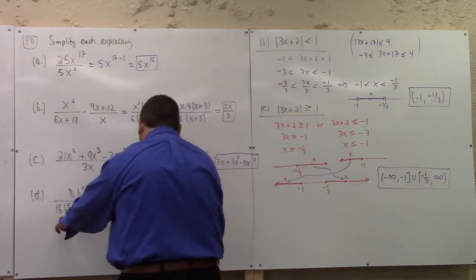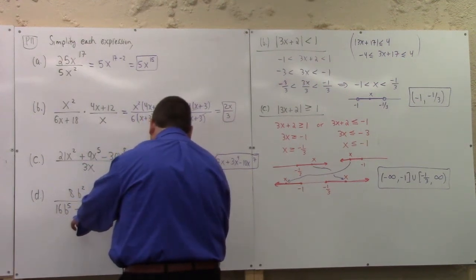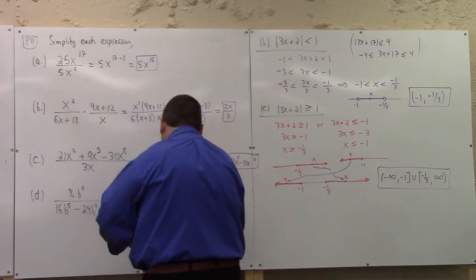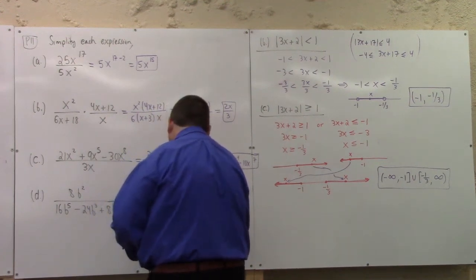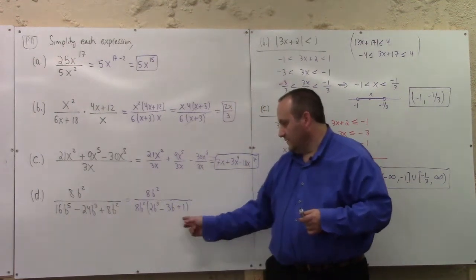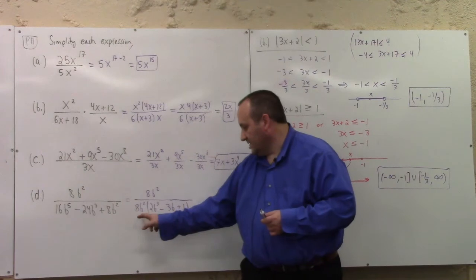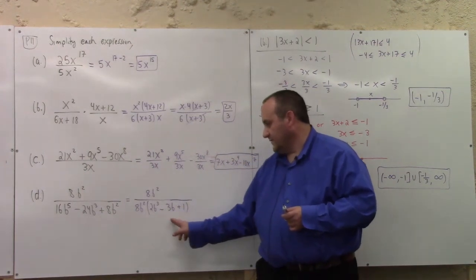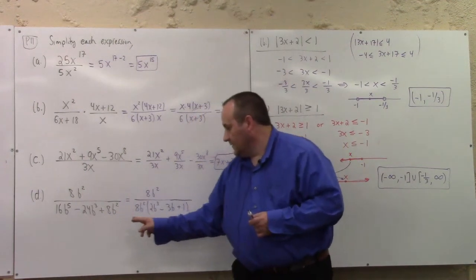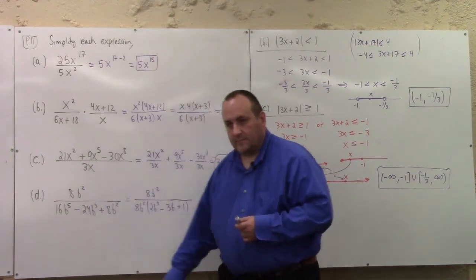Because that gives me 2b to the third rather, minus 3b plus 1. Do you guys see that? So if I factor 8b squared out, 8b squared pulls out. And when I multiply this back out, right, I get minus 24b cubed. When I multiply this back out, I get 16b to the 5th, right?